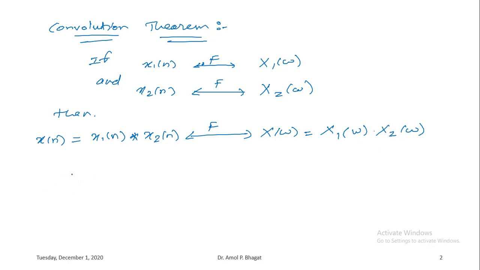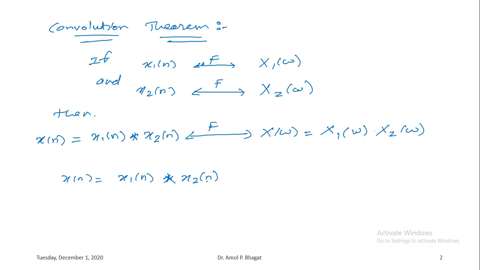So the convolution of these two signals, that is this convolution x of n, is nothing but the convolution of x1 of n convolved with x2 of n, where this star is the operator for convolution, right?